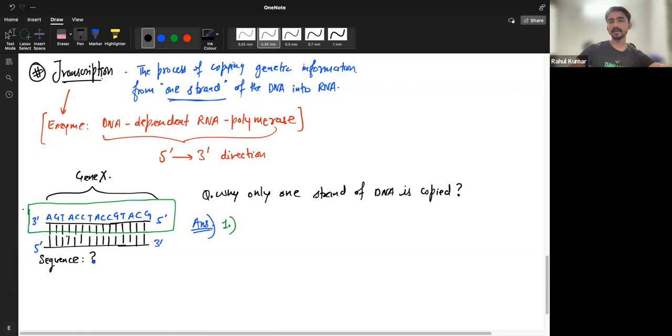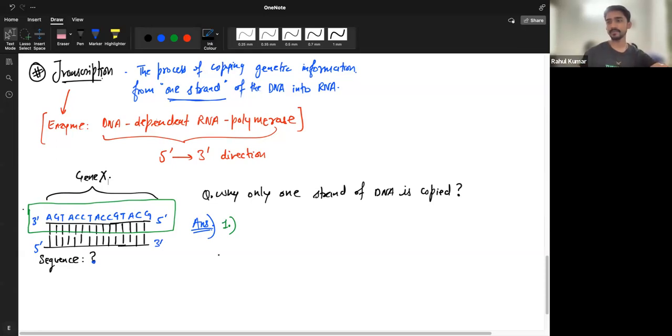So if you make RNA from both the strands, there'll be two different sequences of RNA formed, right? And when those two different RNAs will be read by ribosomes in the cytoplasm, it will also produce two different kinds of proteins, which cannot happen and should not happen. It's a problem.